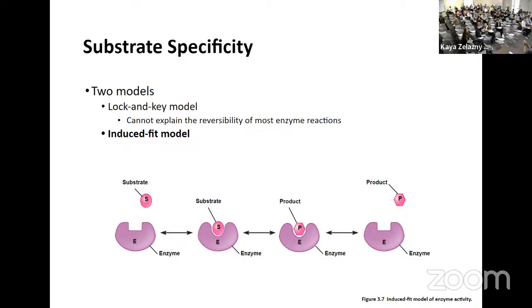They can help you make the products, but they can also help you go from the products back to the reactants. That wouldn't fully make sense with the lock and key model. But in either situation, you're going to have an enzyme and an active site where the substrate binds in, and that binding is part of what helps us lower the activation energy and catalyze the reaction.